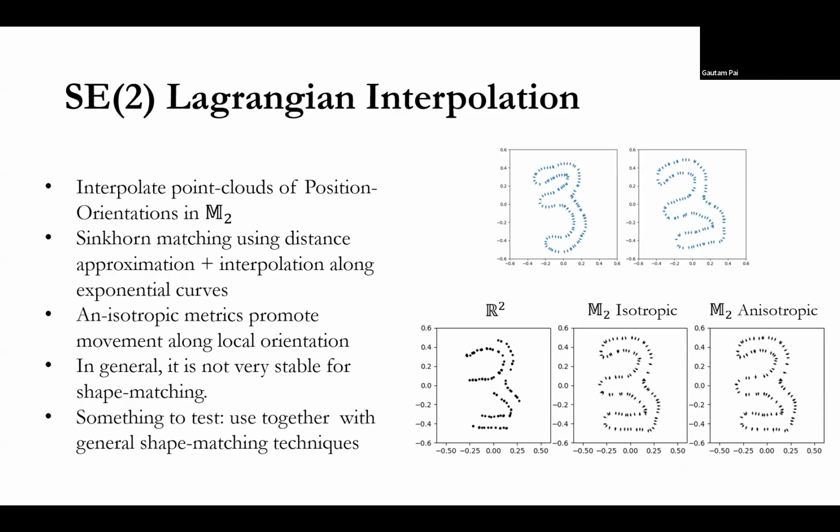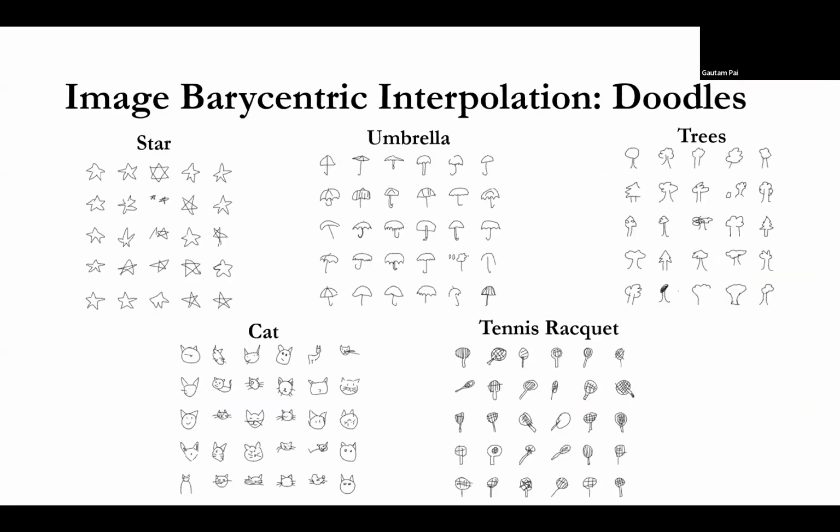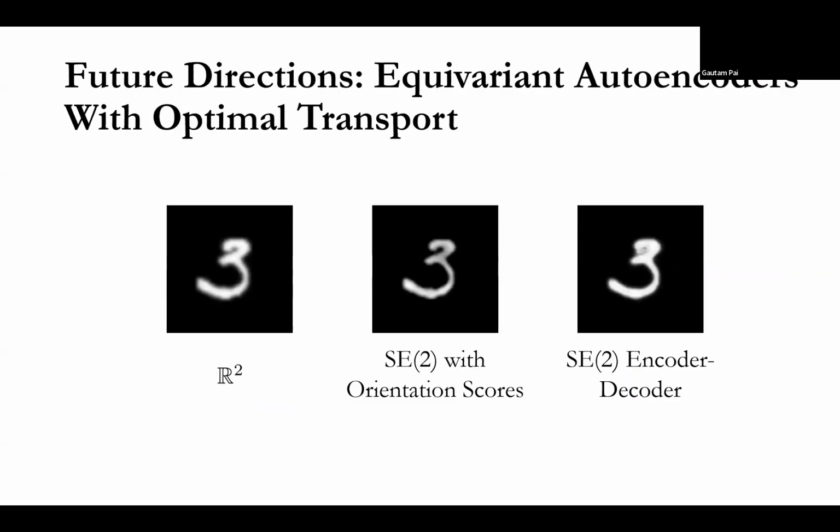I'm curious about what you said about the autoencoder. You say the latent space could be defined on M2, for example. How does it make sense to say that the latent space is M2, for instance?